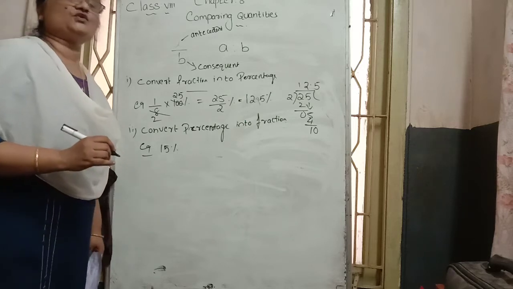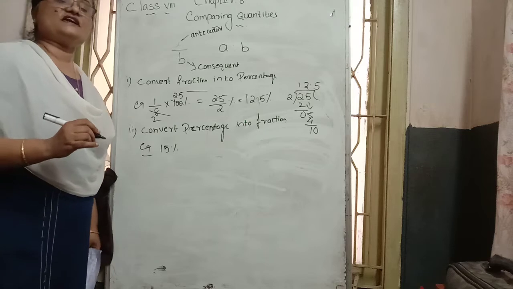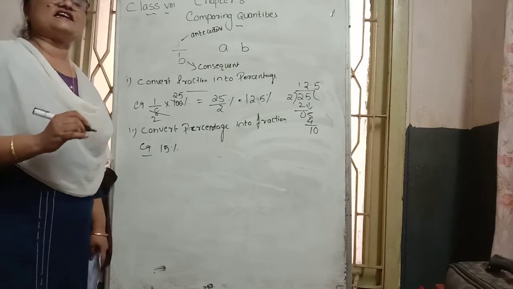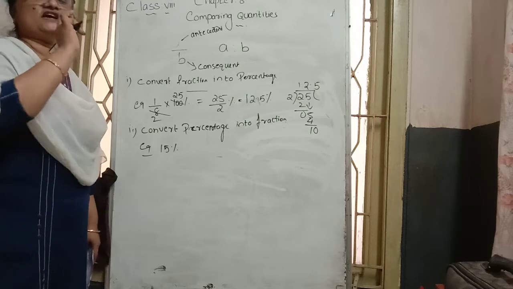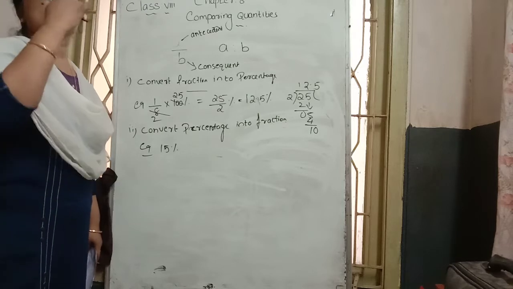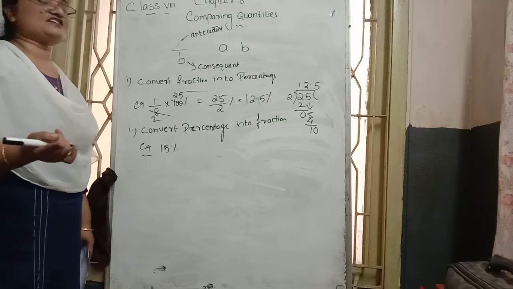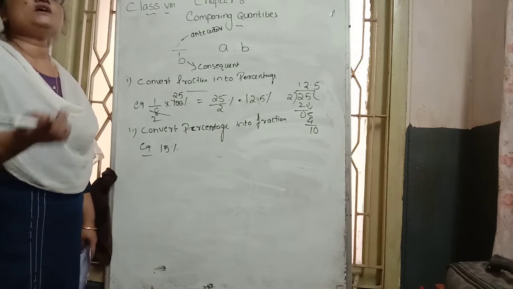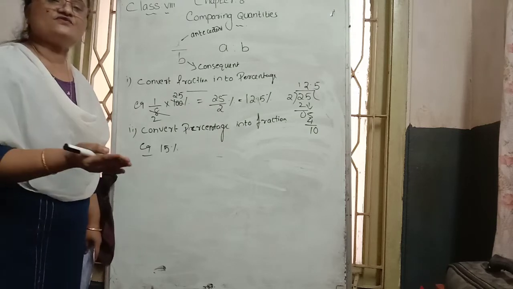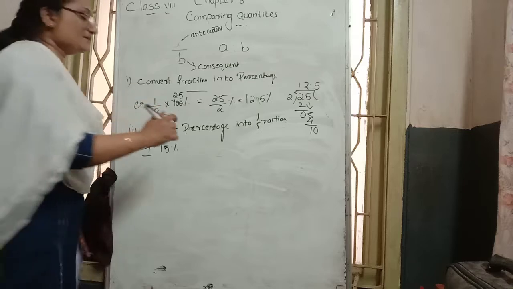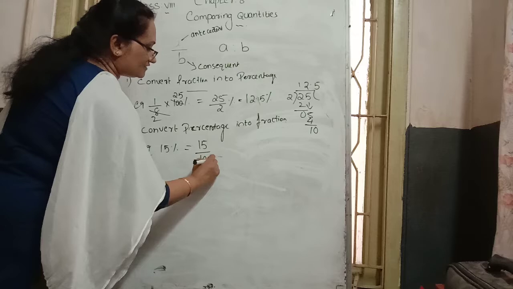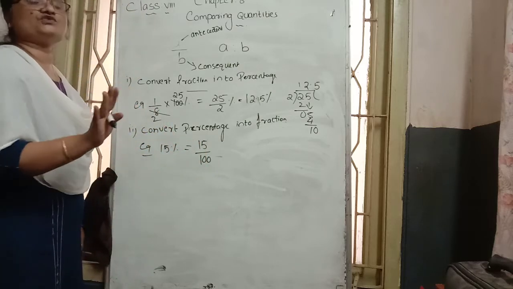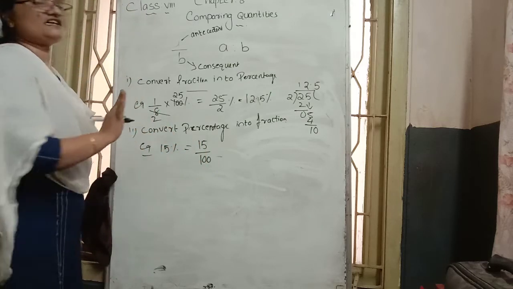What we do is divide the given number by 100 and remove the percentage symbol. Remember, when a percentage is given and the question asks to convert to a fraction, divide the given number by 100 and remove the percent.